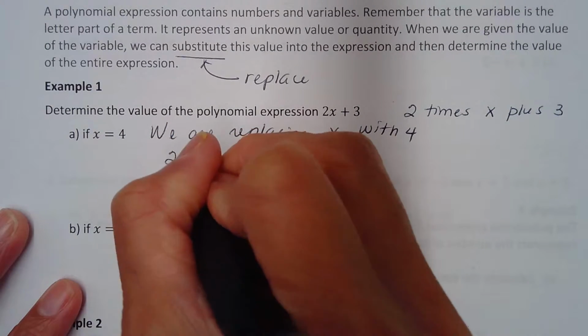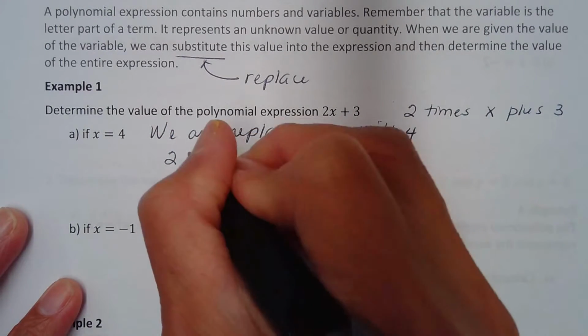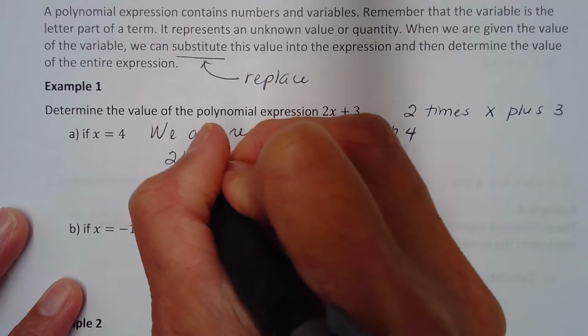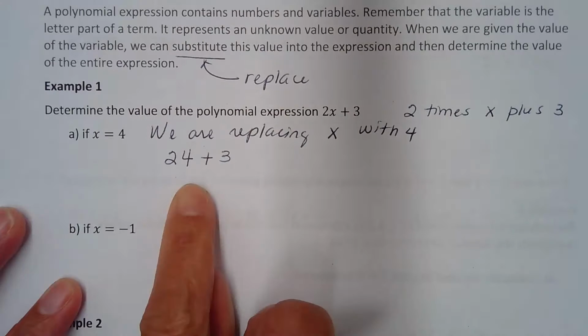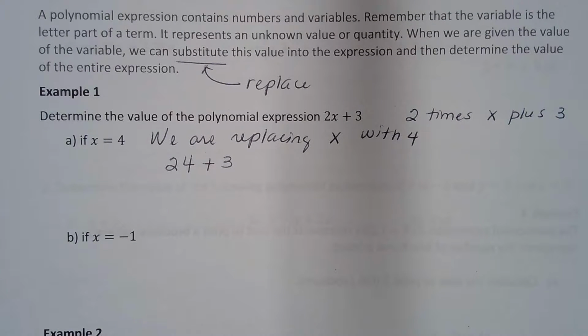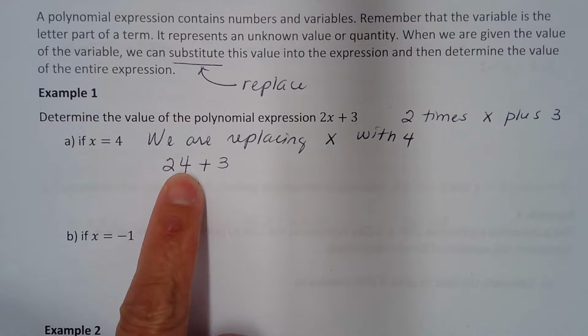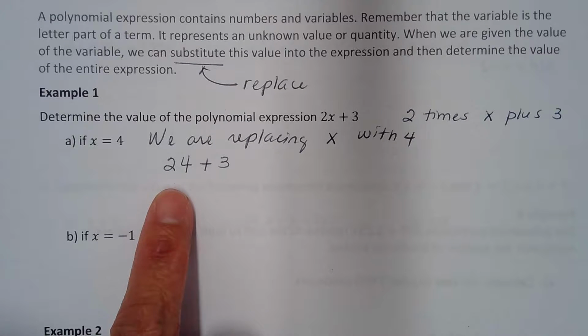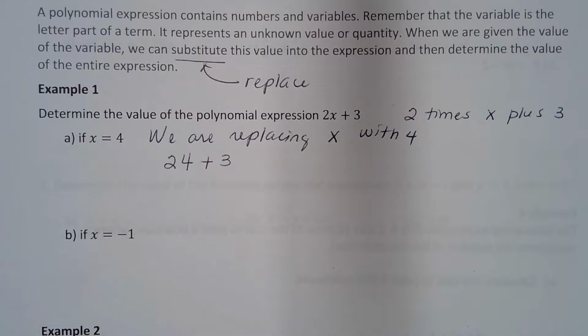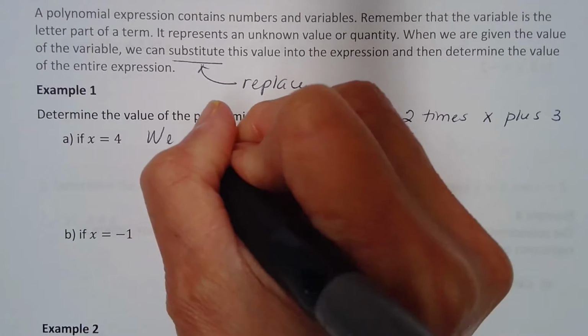Instead of 2 times x, okay, can I go like that? No, bracket. Okay, what does that look like? Is that correct? No, this is 24. No, what's wrong with that? I replaced the x with 4. But there is no, maybe, then it's division or something. Okay, so now, either bracket or sign.